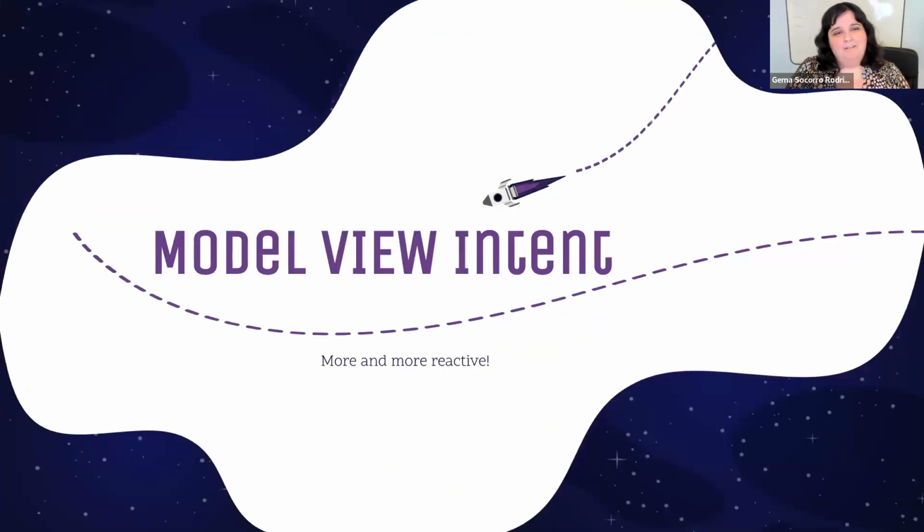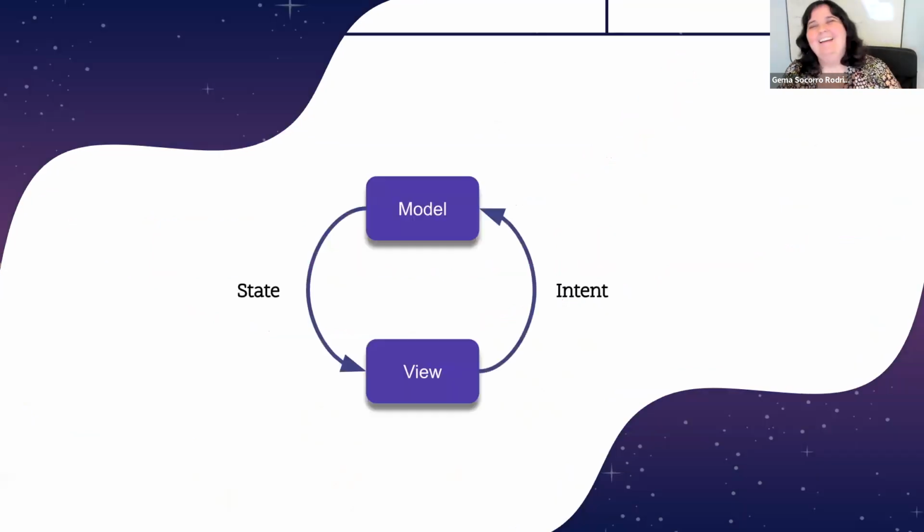And then we are going to model view intent, which is more and more reactive. This is the reactive one itself, and of course it's my favorite pattern. So here we have the simplest MVI implementation.